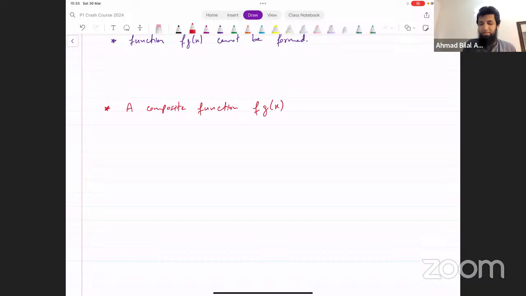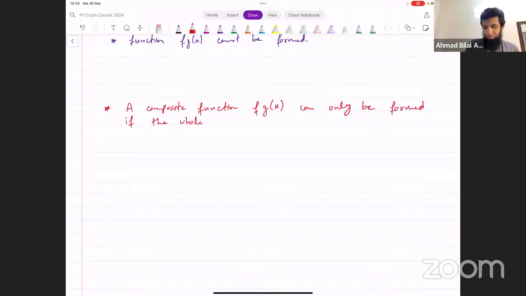This is just an example. f g of x can only be formed, it can only exist, if the whole range, that means the whole output of the inner function.